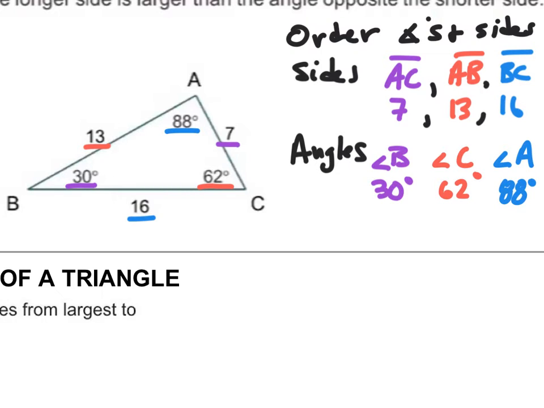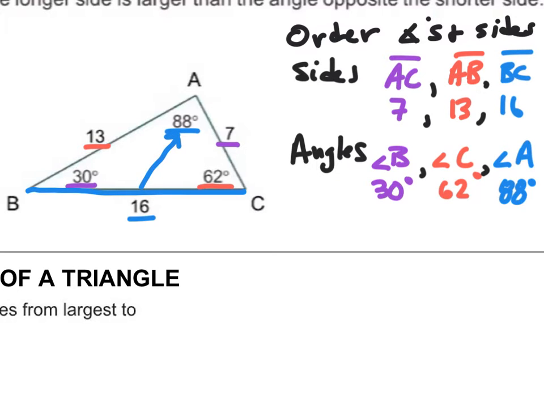Now what I want you to see here is that these angles and side lengths are related to each other. I color-coded them for a reason, so that we could distinguish which one's the largest, which one's the smallest, and the one that's in the middle. The way that they're related is that the side length that's the longest is across from the largest angle.